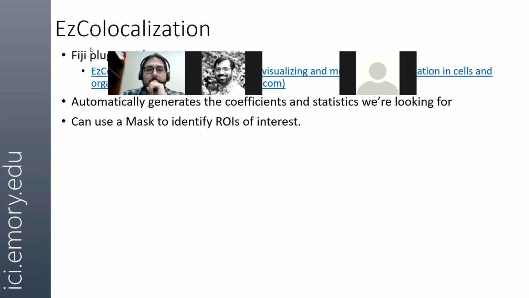But let me ask everyone, has everyone been able to install the Easy Co-Localization plugin that was included with the data for today's talk? Has anyone not been able to install that plugin?